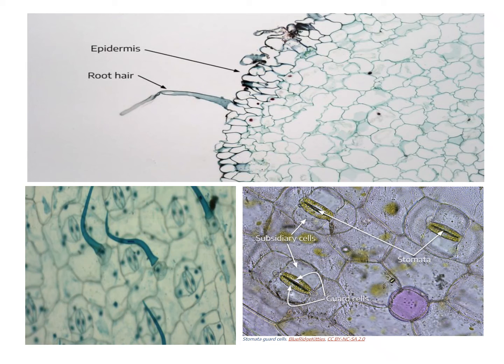And here on the right hand side, the picture shows guard cells as part of the stomata. In this particular picture, it is closed. When they are open, they are like crescent shape, or they can acquire the kidney bean shape. So this is the nature of your dermal system cells present in a plant tissue.